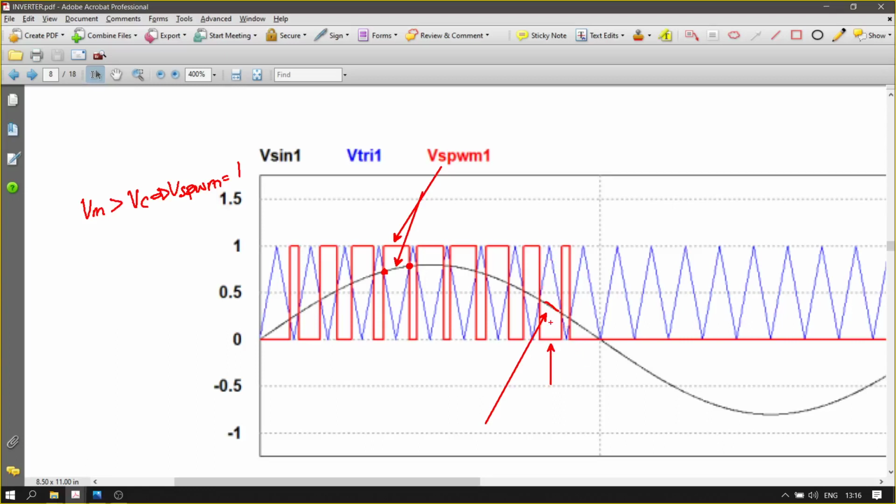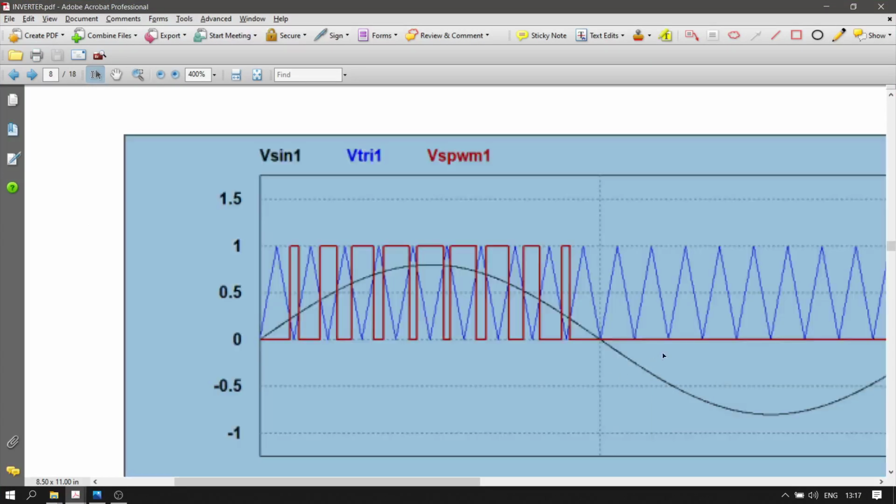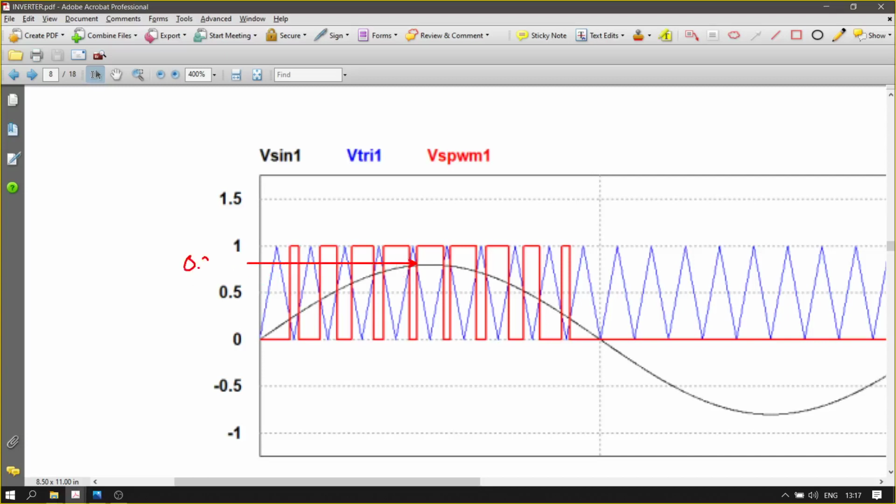So it creates a train of pulses, and for the negative half cycles it is always 0, isn't it? Why? Because the modulating signal is always lower than the carrier signal. That's why at the negative half cycles, the PWM signal is always 0. And here, the amplitude is 0.8.